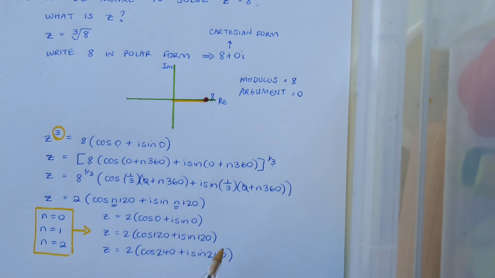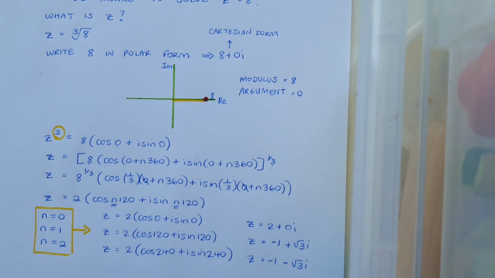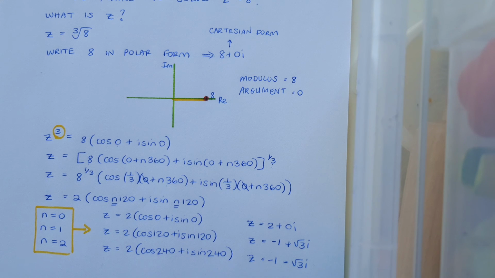And the same for cos 120 and sine 120, etc. So using your calculator, when you convert these complex numbers back into Cartesian form again, you should be getting your 3 solutions: z equals 2 plus 0i, z equals minus 1 plus root 3i, and z equals minus 1 minus root 3i. So don't forget again, you can kind of tell in advance how many solutions you're going to have depending on what the original power is.